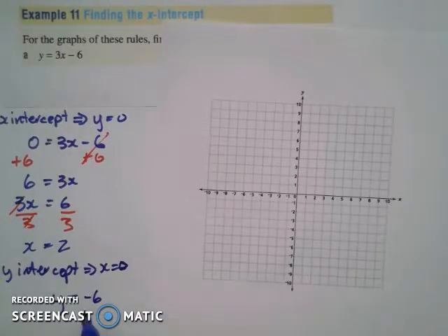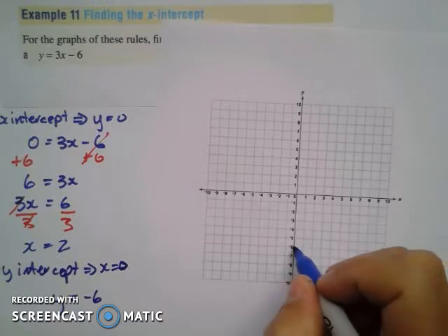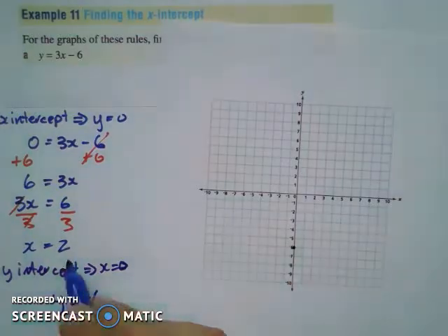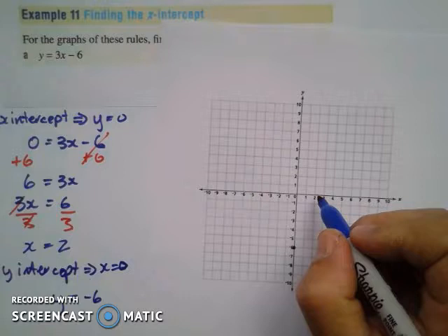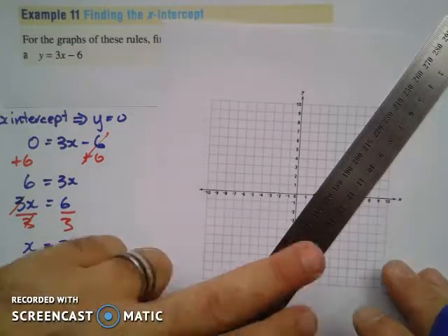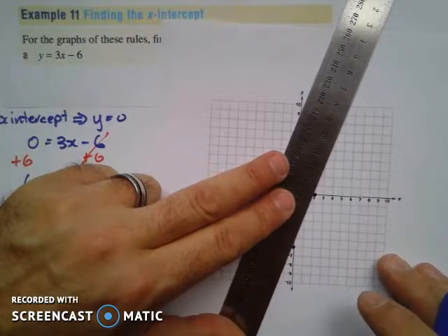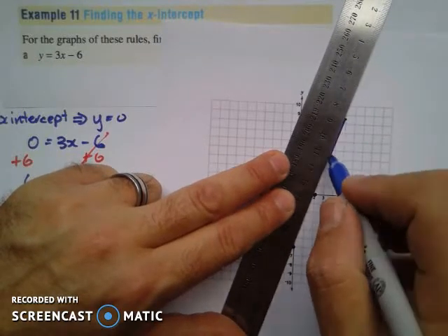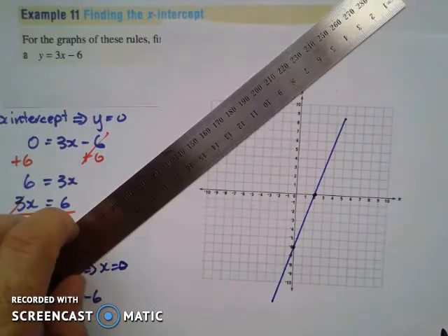So my y-intercept is at negative 6, and my x-intercept is at positive 2. All I need to do is draw the graph. There's my graph.